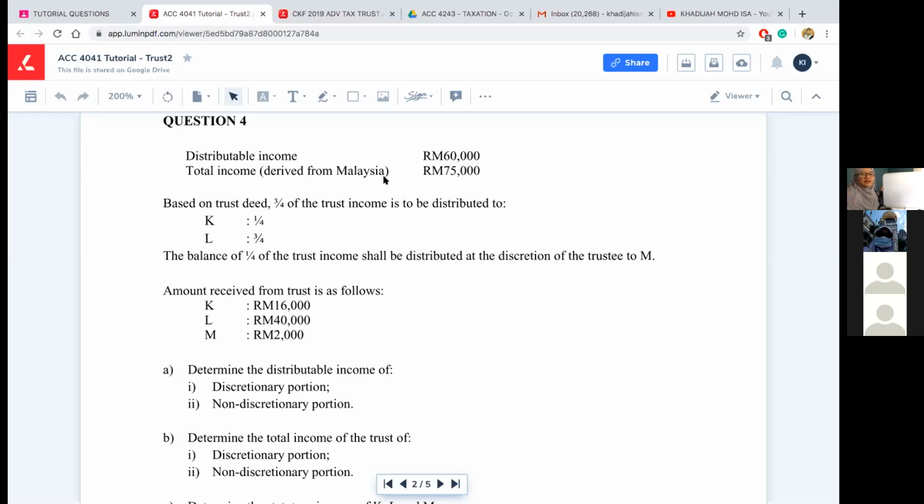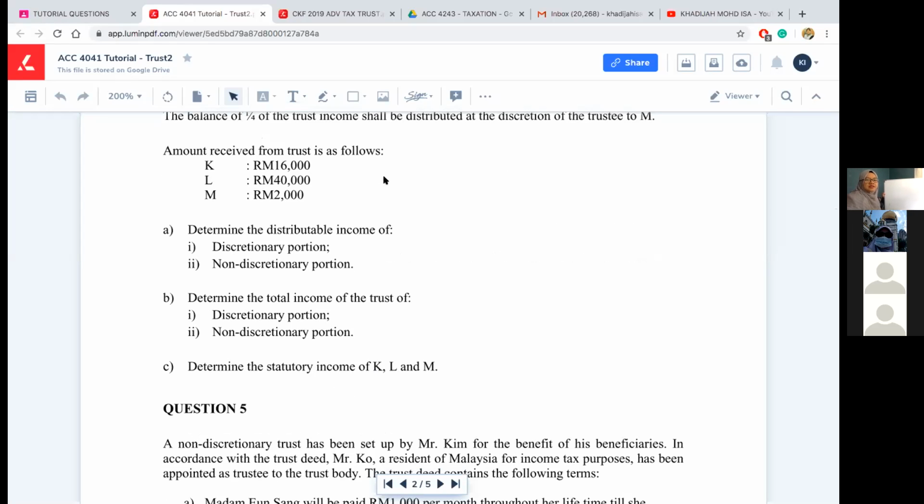You're given the amounts received from the trust as follows: K, L, M 16, 40 and 2,000. Determine the distributed income of the discretionary portion and non-discretionary portion, and the total income of the trust of each portion.